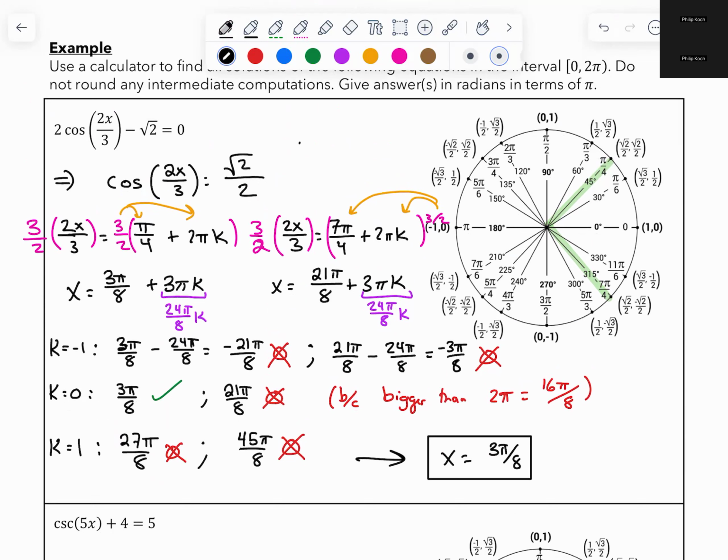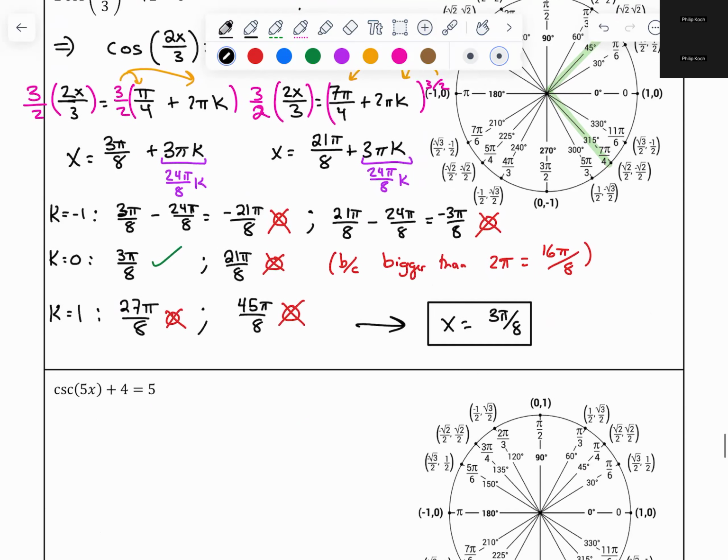So that means the period is going to get expanded. Normally we get 2 solutions because the function completes itself in 2 pi, so there are at least 2 places where it gets that answer. But because this has been stretched horizontally, it will only end up having 1 solution in that interval. Cool? Eli, do you have a question?